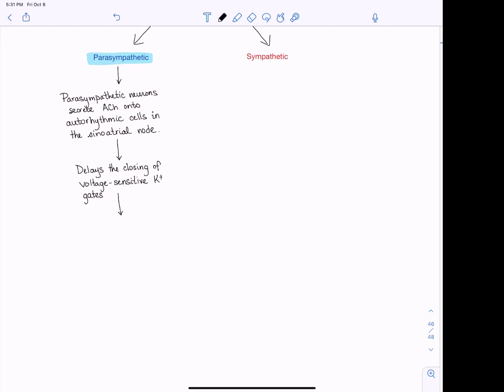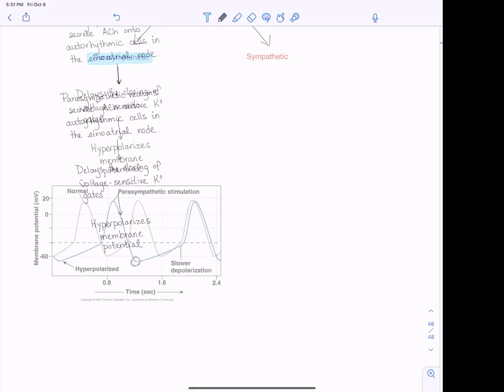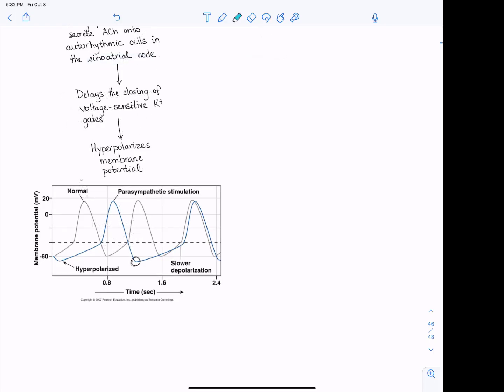So this effectively increases the length of time of that pacemaker potential. The longer it takes for that pacemaker potential to reach threshold, the fewer number of action potentials are generated in a minute, and therefore the lower the heart rate.